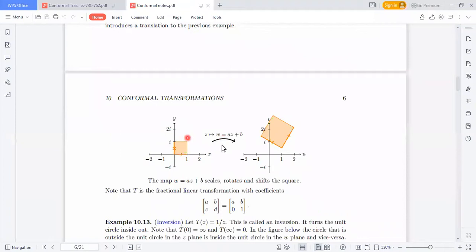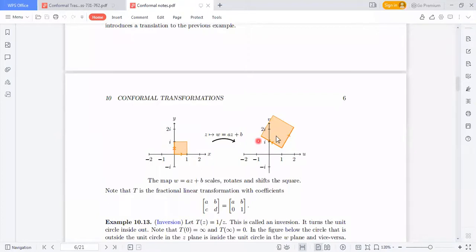If in the Z plane this is a square, z transforms to w equals az plus b because of translation.